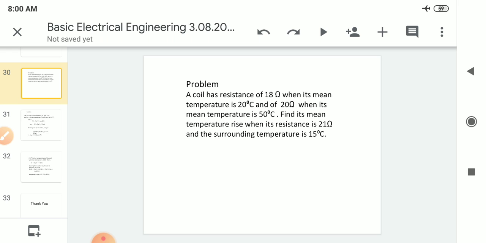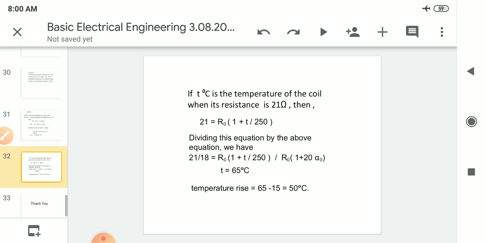Finally, they have given this condition. We have to find at this condition. So, at 21 ohms and 50 degrees, we solve this. Finally, our temperature rises this much. These are the models.